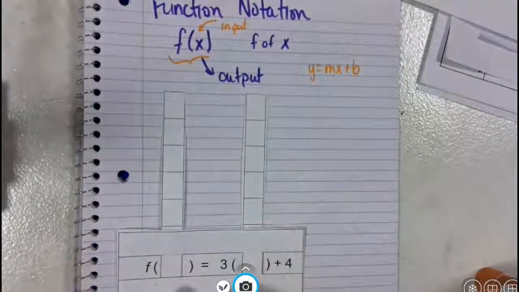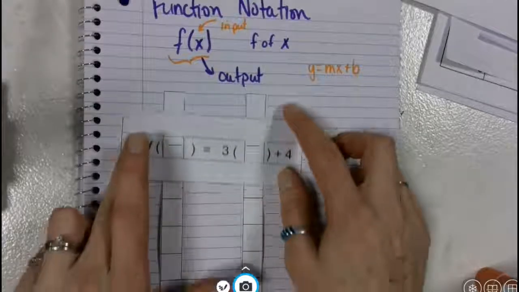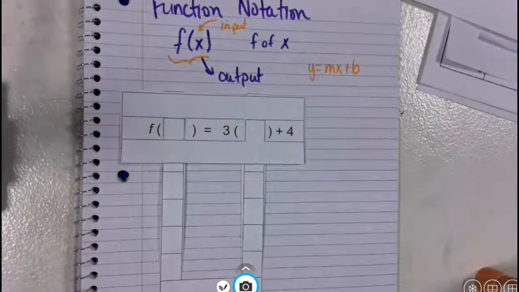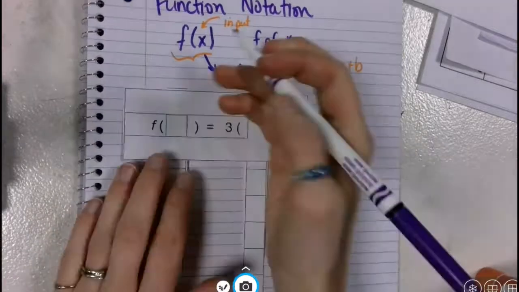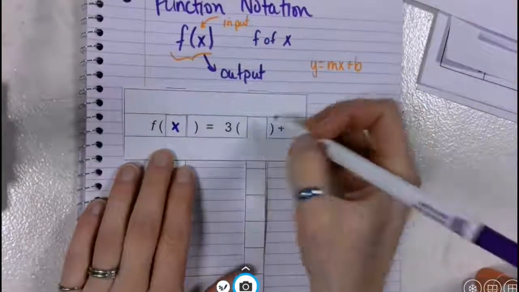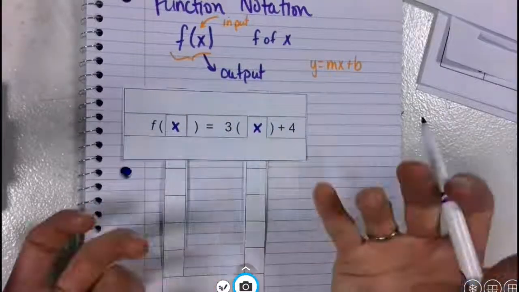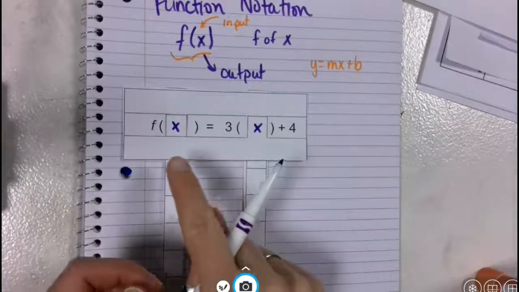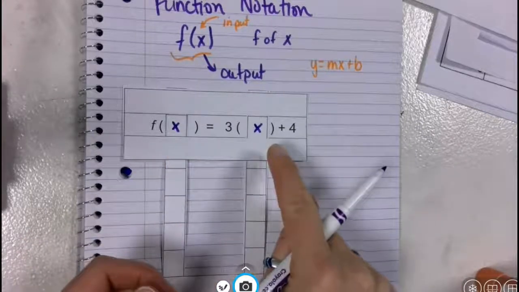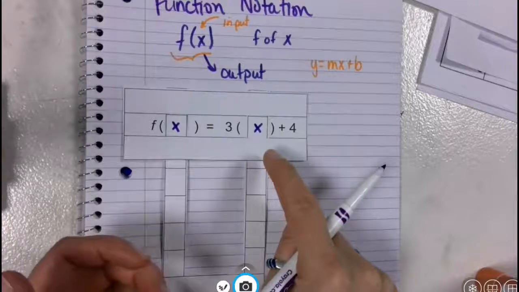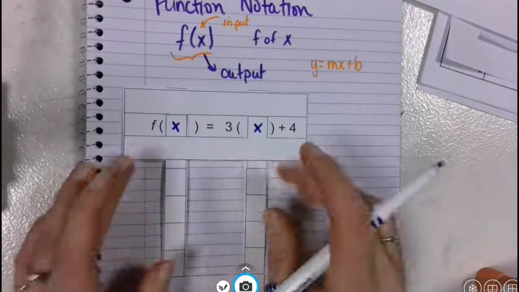Okay, and I went ahead and I used a linear example. So this just tells me, and I'm going to use a different marker here, that if I have f of x equals 3x plus 4, that's generally what we'll start seeing, is some f of x equals an equation. It won't always be linear, but that's where we're going to start. So you may be asked to find f of 4.